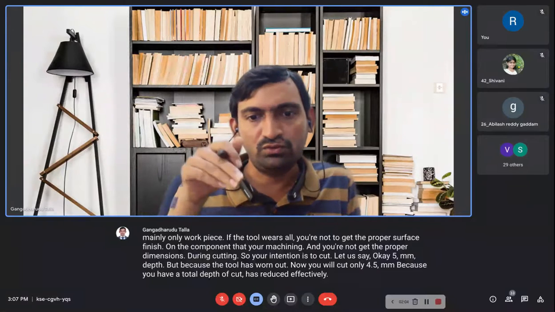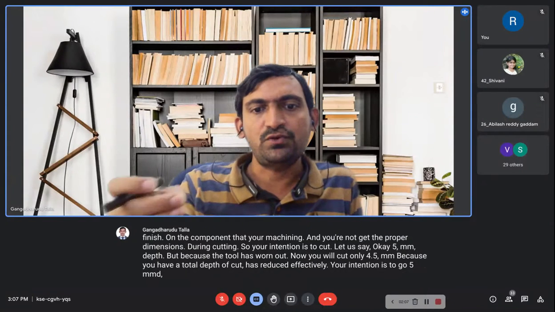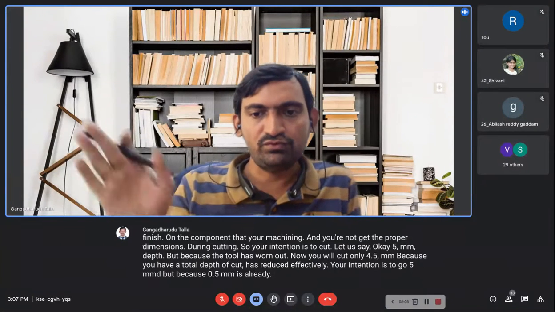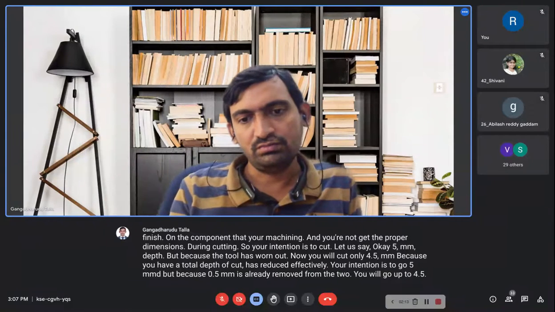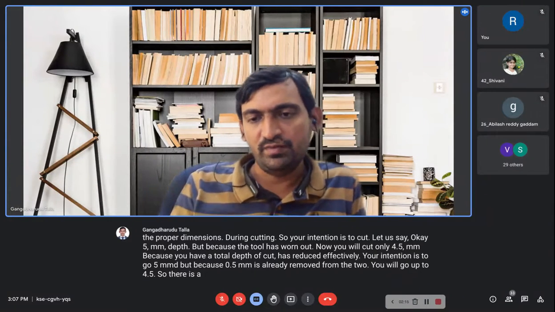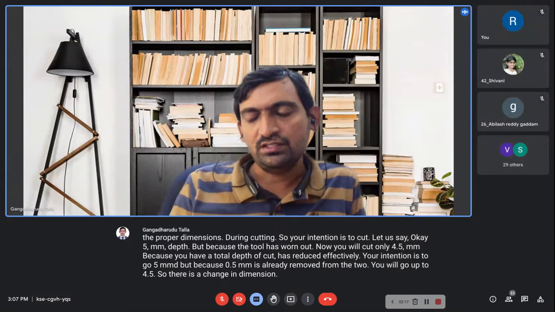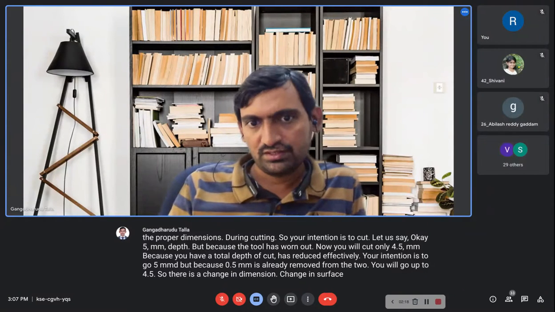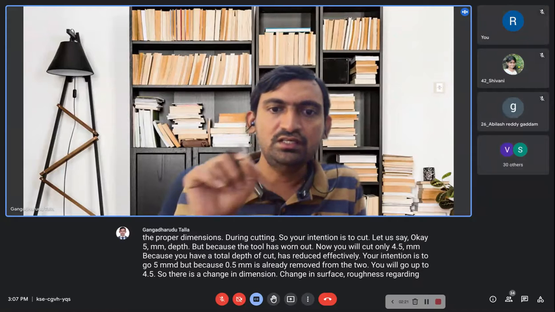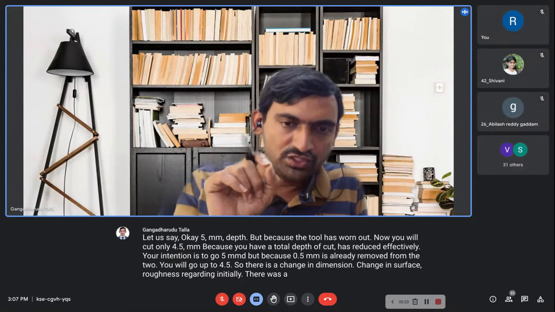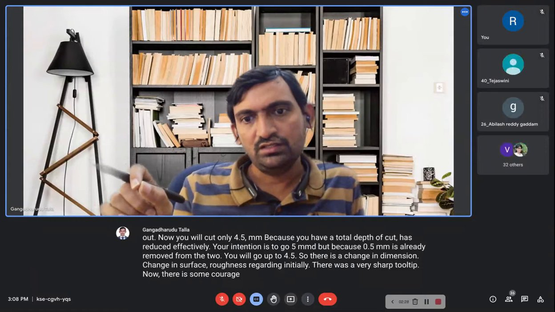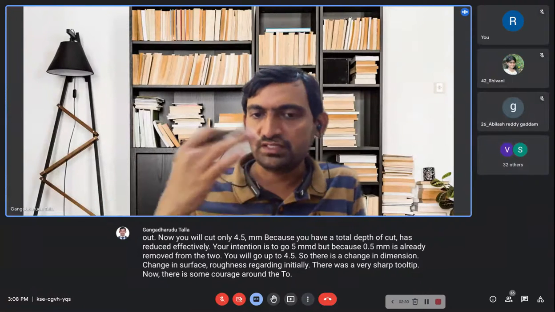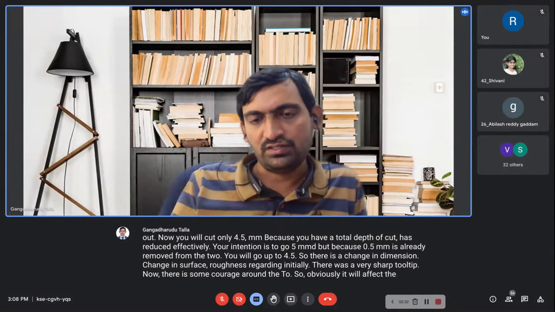Your intention is to go 5 mm deep, but because 0.5 mm is already removed from the tool, you will go up to 4.5. So there is a change in dimension, change in surface roughness. Because initially there was a very sharp tool tip. Now there is some curvature on the tool. So obviously it will affect the surface finish.